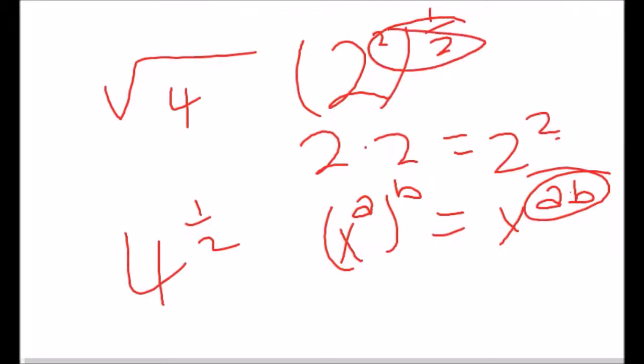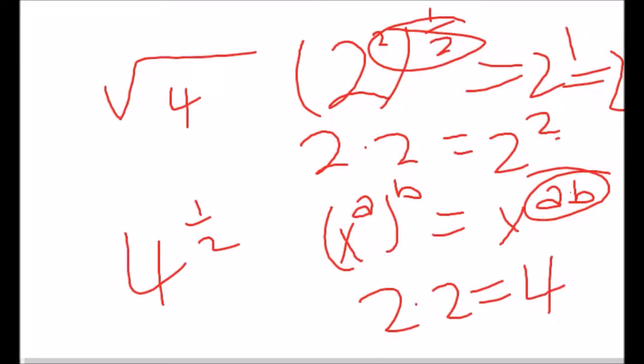Then you just multiply those and you get 2 to the 1, which is 2. So the square root of 4 is 2. This makes sense, because what we mean when we say square root is what number times itself will yield x. So 2 times 2 does in fact equal 4. That's what we mean when we're talking about a radical.